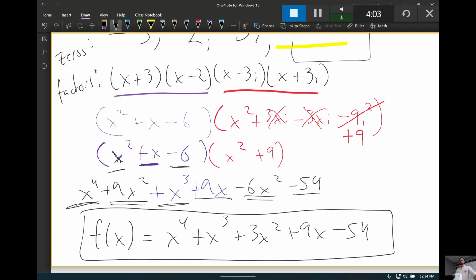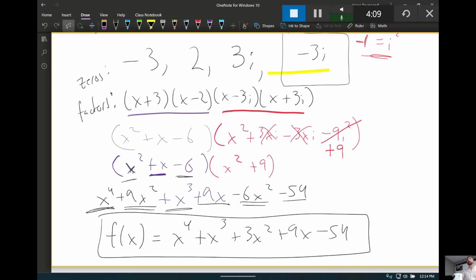The coefficients are 1, 1, 3, 9, and -54. That would have those as zeros. And the way I know that they would have those as zeros is that this has these as factors. And I know it has those as factors because that's what I multiplied together to come up with those. So. Okay, anything else about 33 before I go on to the next one?